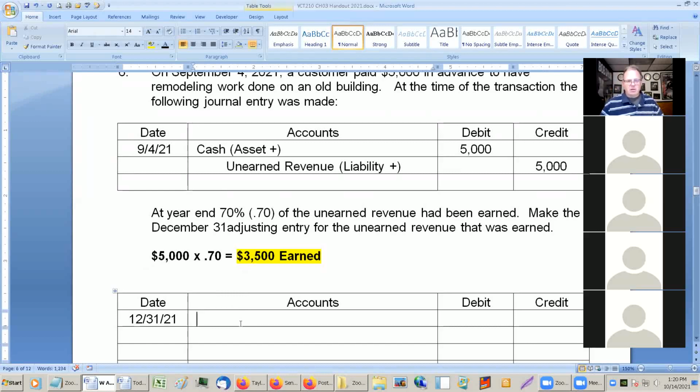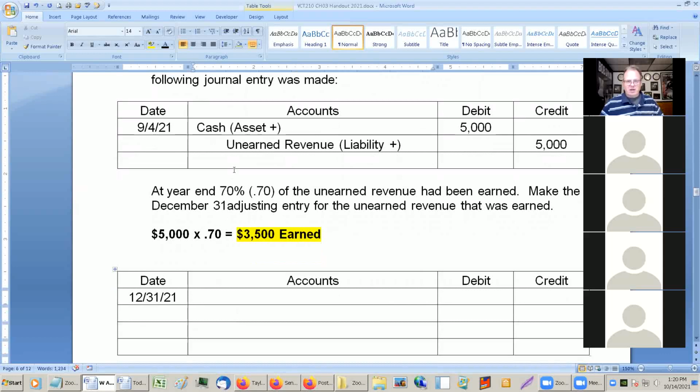Let's see here. There's going to be a revenue. Revenues are always debits. Credits, thank you. Again, if you don't think of this as earned revenue, that's fine.